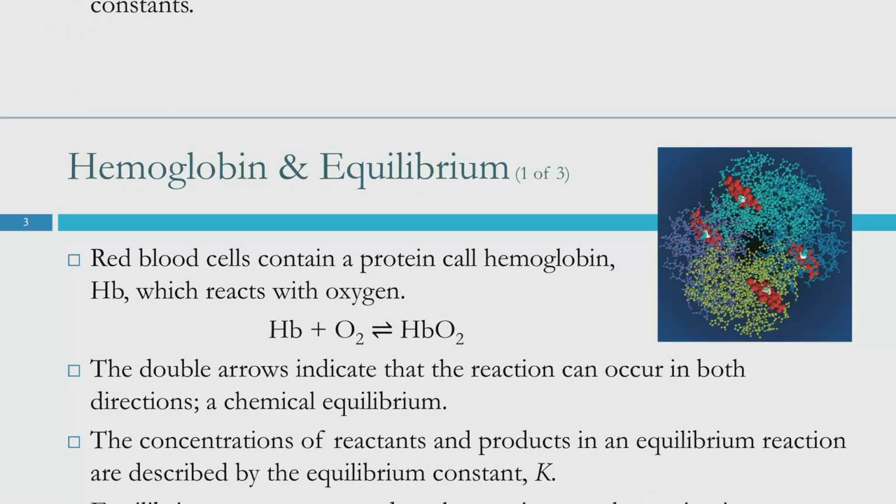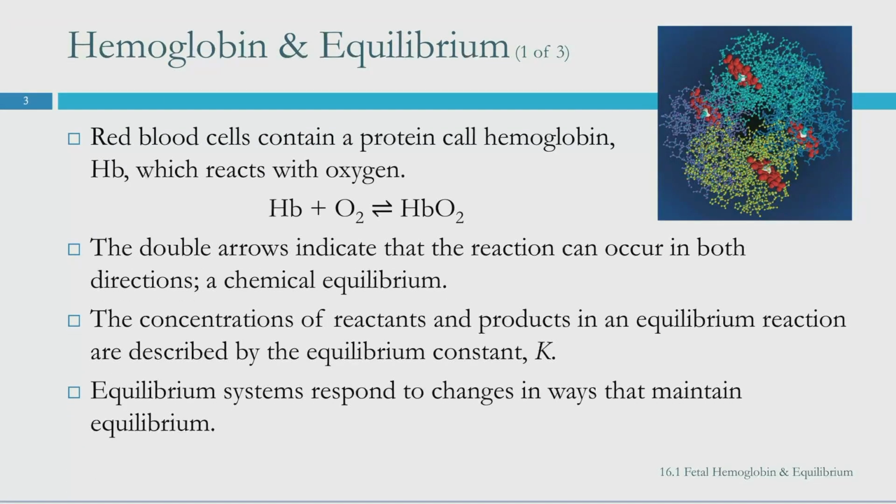One example of a place where equilibrium plays a role in our bodies is hemoglobin. So you may know that your body has red blood cells, and you've got a protein called hemoglobin in there that reacts with oxygen. It'll pick up oxygen like in your lungs and then dump it out wherever it needs to go in your body.